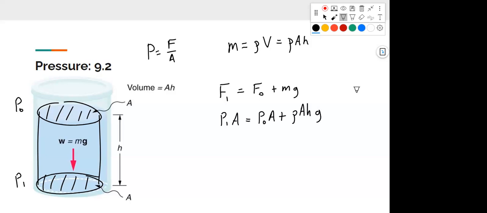We still have the g here. And now we can do a little simplifying. We can cancel all these A's. And we get that the pressure at the bottom of this bit of water is equal to the pressure at the top plus rho gh. I'm just going to rearrange those letters because of the way we usually write it. So rho gh is the important thing here.